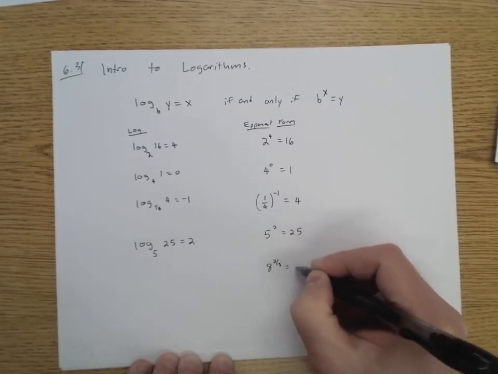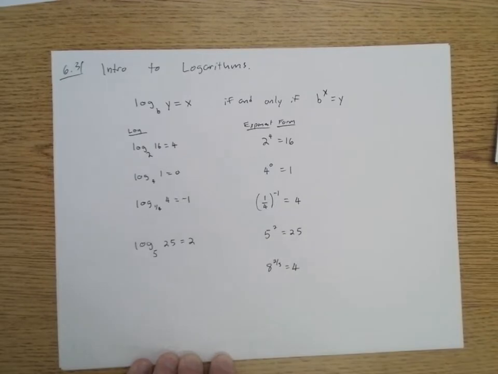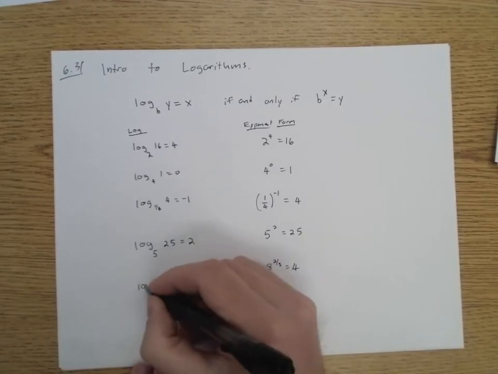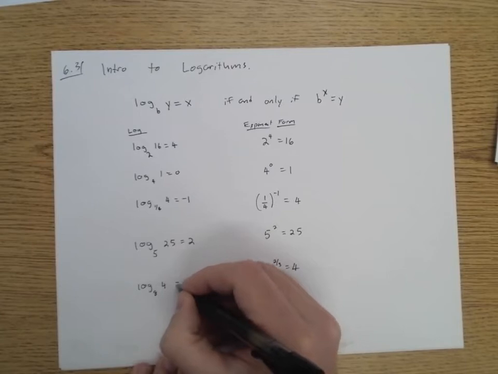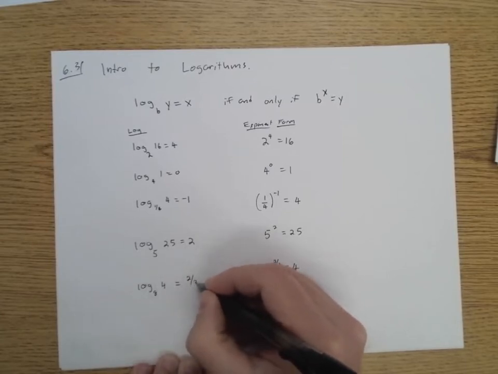Now, 8 to the power of 2/3 equals 4. Rewriting that in logarithmic form, the base is 8, so it's log base 8 of 4 equals 2/3.